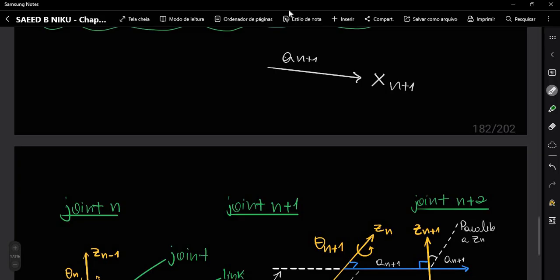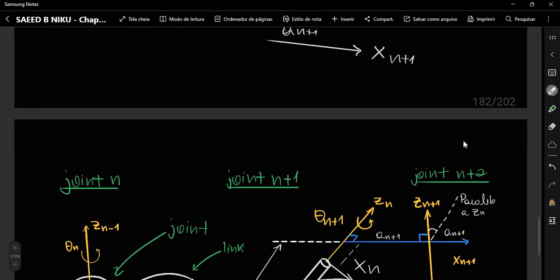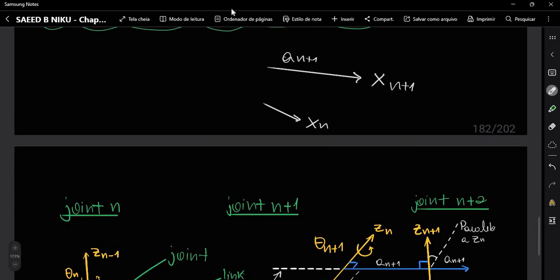An plus 1 is parallel to xn. Xn is this way, so they are parallel. And if we do a translation of dn plus 1, we'll make them collinear. So doing this translation, which means we are moving this way, they are collinear.